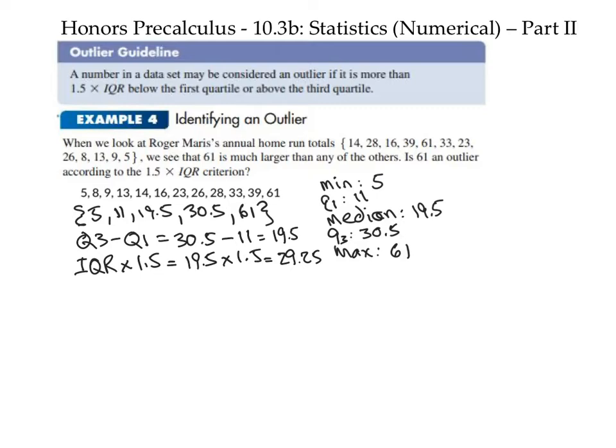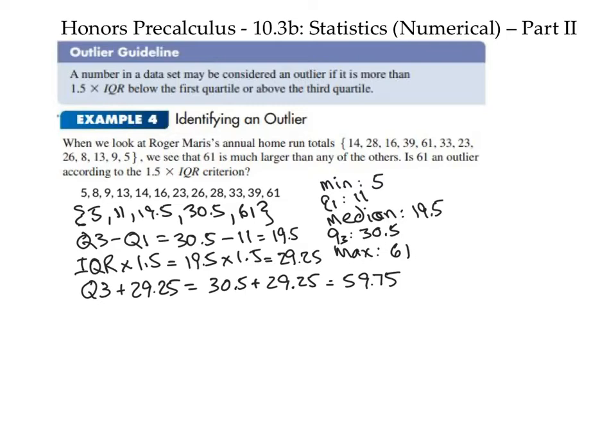So in order for a number not to be an outlier, it would have to be within 29.25 points above the third quartile or below the first quartile. And that means that the maximum number that he had for annual home runs, 61, is a little bit larger than 1.5 times the interquartile range added to the third quartile. So that makes 61 an outlier.